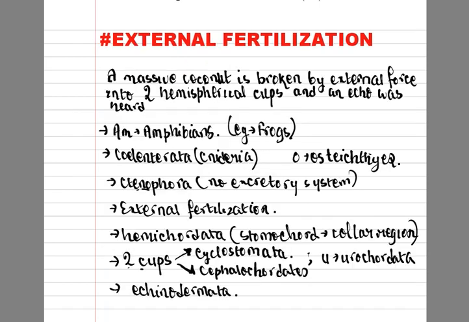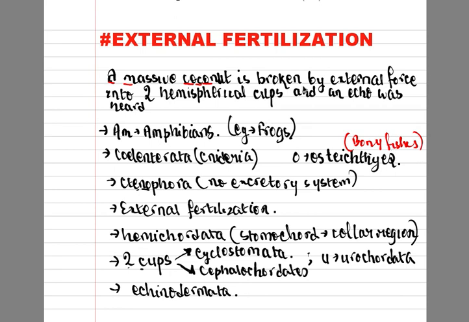Let's revise one more time. A massive coconut. Let's underline the important ones. AM for amphibians, CO for Coelenterata, C for Ctenophora, O for Osteichthyes. Osteichthyes are also called bony fishes because their endoskeleton is bony in nature.